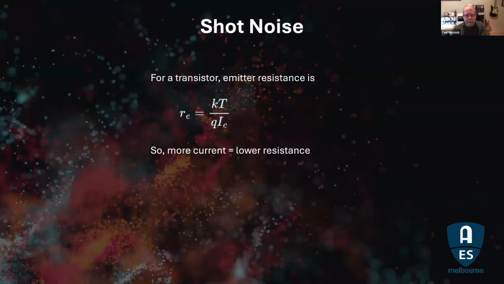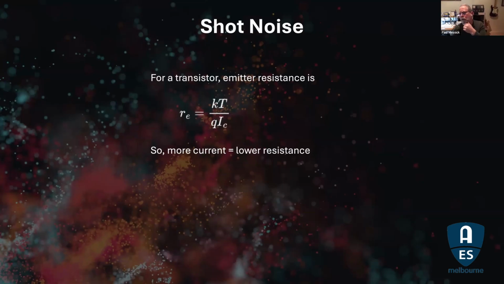on the other hand, for a transistor, there's an inherent resistance in the emitter of a transistor. And that value is this formula here. And you can see that the higher the current IC goes, the lower the resistance goes.